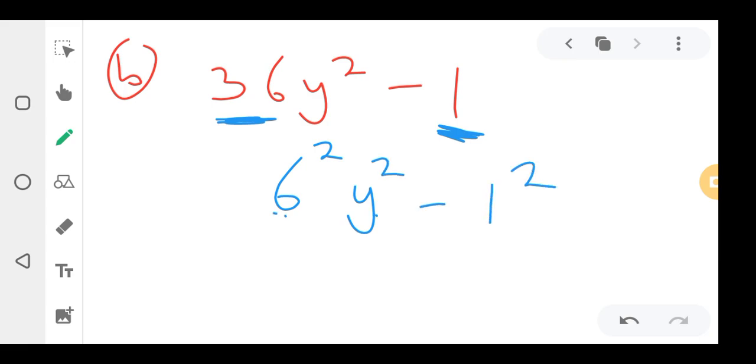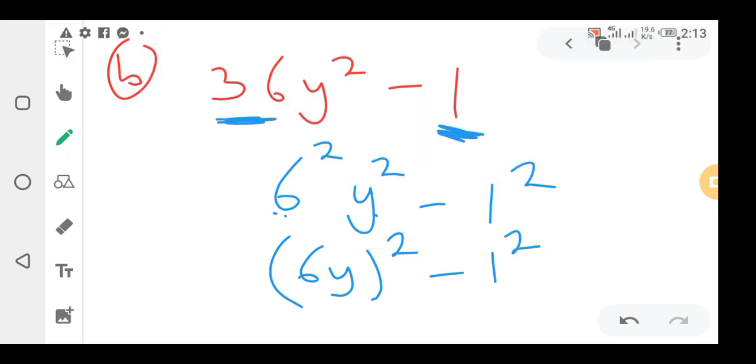Then this 6 and y, you bring them in the brackets like this, squared, minus 1 squared. So that is 6y plus 1.